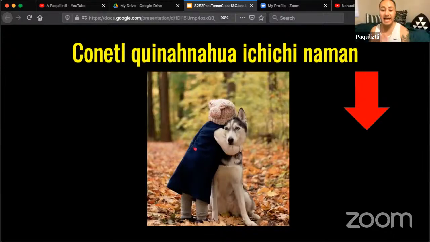Konet kinahnawa ichichi naman. Notice here it's not nawa, it's nahnawa. There's something called reduplication here. So can somebody guess what they think nahnawa probably means?